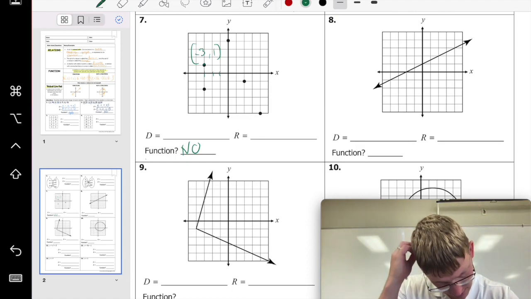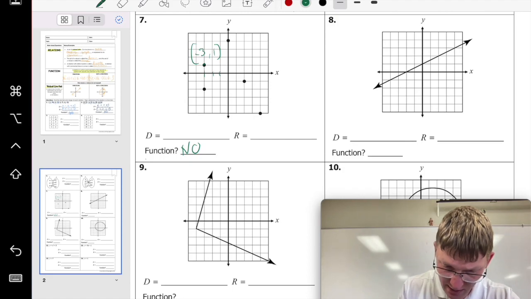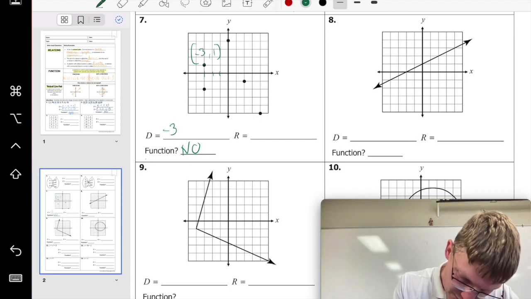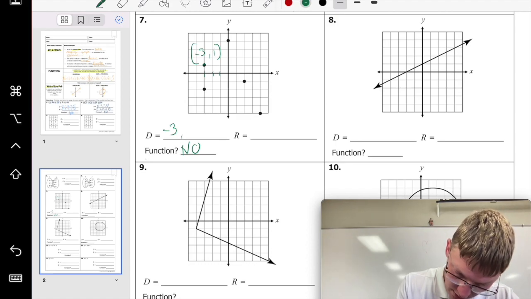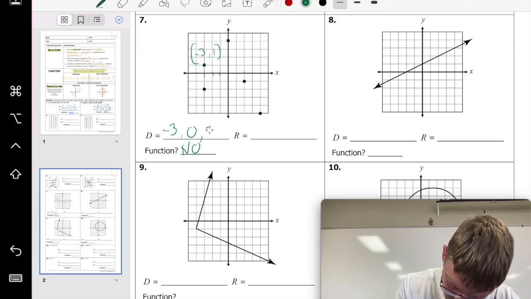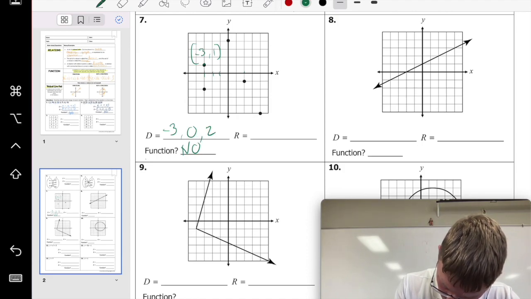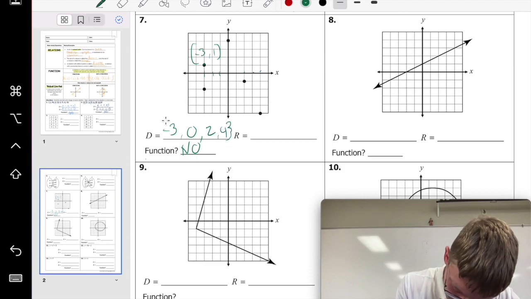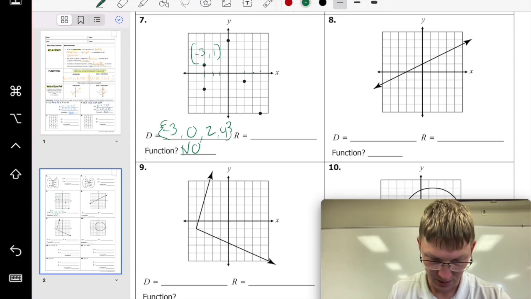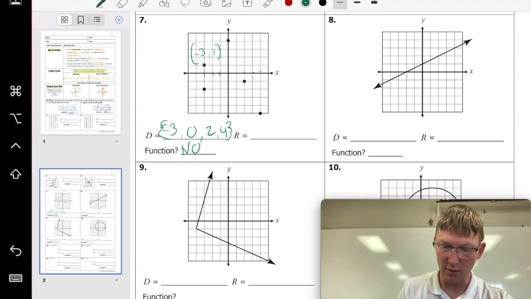So let's see here, our domain is going to be all of our x values, right? So we've got -3, I'm just working left to right. 0, and then 1, 2, 2, 3, 4. Hopefully your curly brackets look better than mine. Our range, again, is going to be all of our y values.